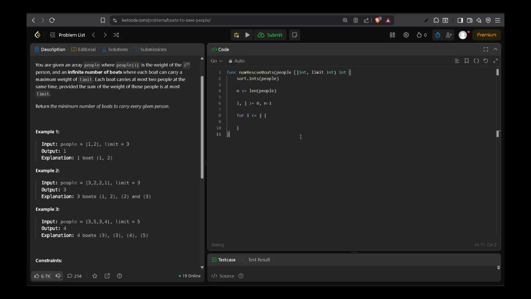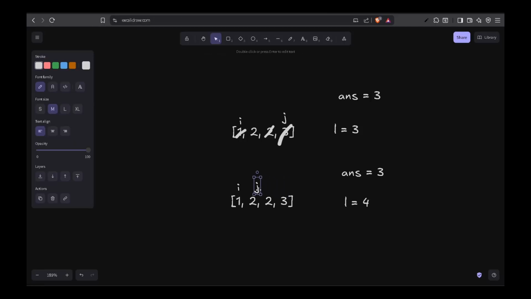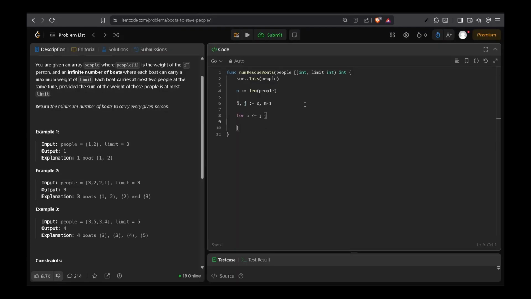Why we are using this? Because if i and j cross each other, that means we have used up every single person available, right? So we don't need to continue anymore, so we'll break at that point. We also take another variable called boats, which will store the count of boats needed. Initially it will be 0.